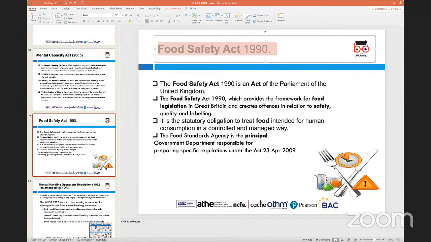Now, the main objective of this act is to ensure that the food that is given or produced is safe to eat, is properly labeled, and also meets the quality standards as set by the Food Standards Agency in the UK. Now, under this act, local authorities have the power to inspect food premises.